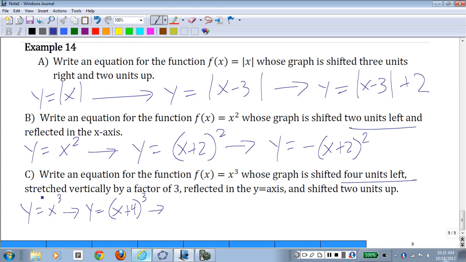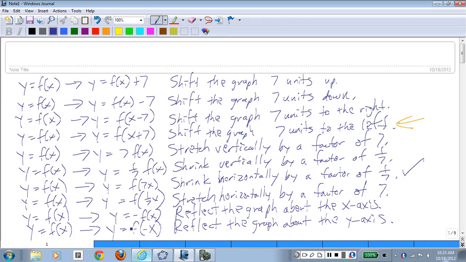And then, okay, stretch vertically by a factor of 3. What to do to the right-hand side to stretch vertically by a factor of 3? Where was the stretch vertically by a factor of 7? This one.